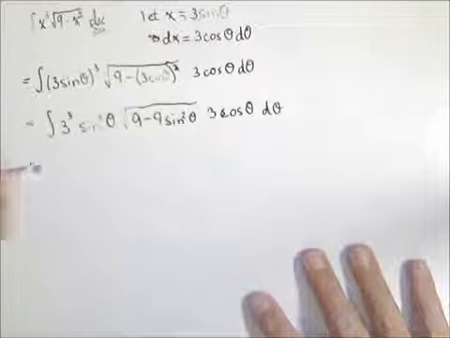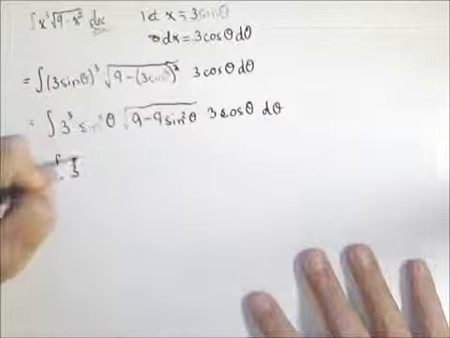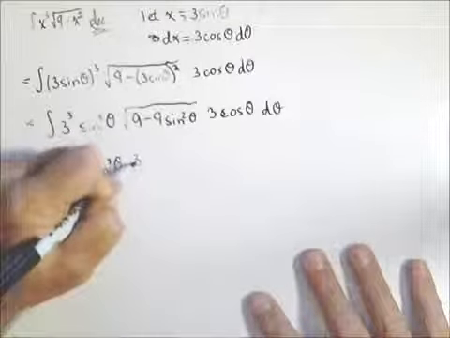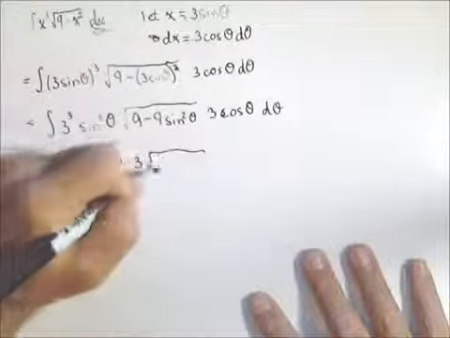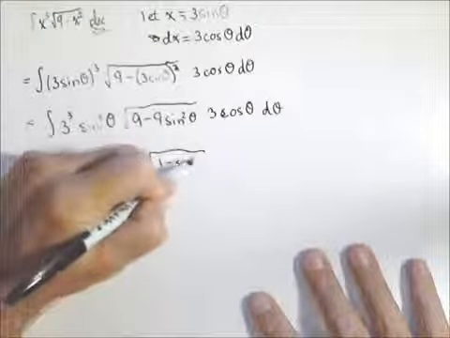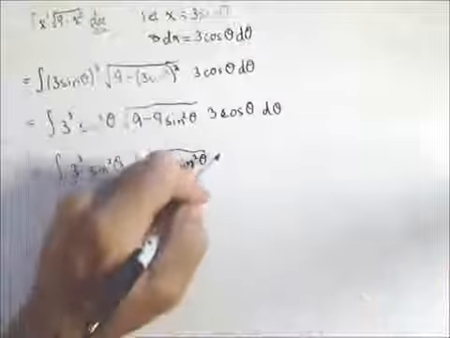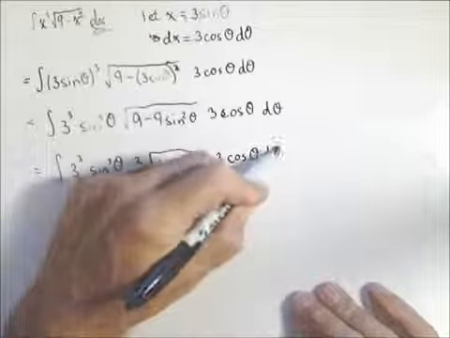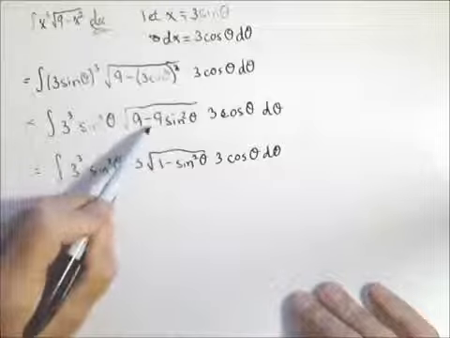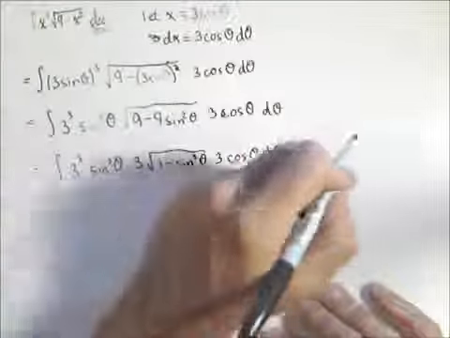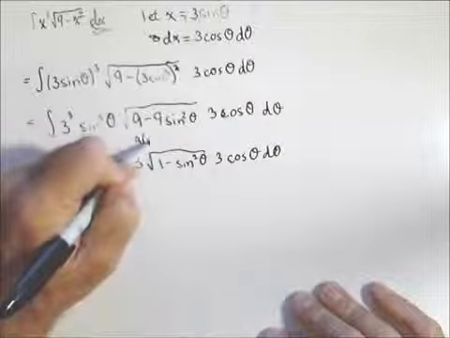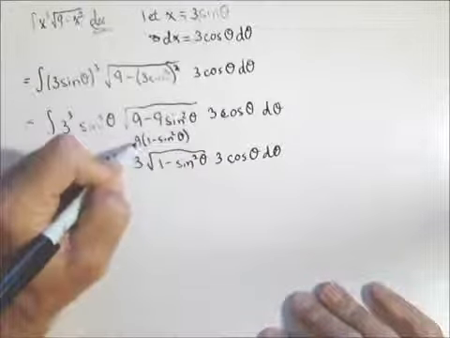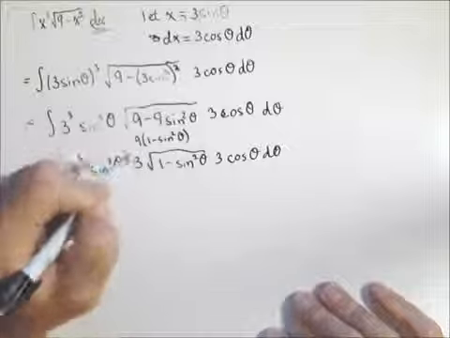So when I rewrite this, I'm going to get 3 cubed sine cubed theta, 3 times the square root of 1 minus sine squared theta, 3 cosine theta d theta. Again, that move was factoring the 9 out, so we would have had 9 times 1 minus sine squared theta under the radical, and then pulling the square root of 9 out to get the 3.